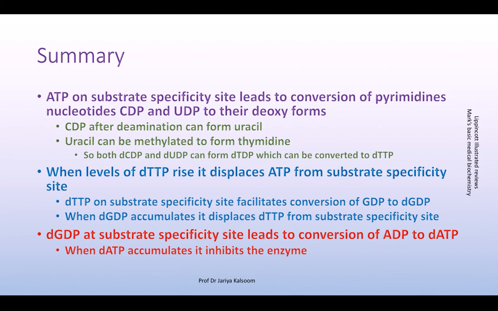When DGTP accumulates, it is going to displace DTTP from the substrate specificity site, and it is going to lead to the conversion of ADP to DATP, and DATP is going to inhibit the enzyme. So that's all. Now we have seen that all the deoxyribonucleotides have been formed, and DNA synthesis can take place now.